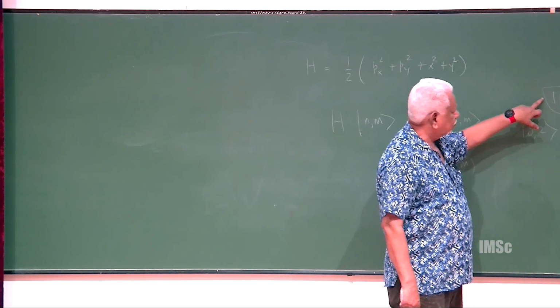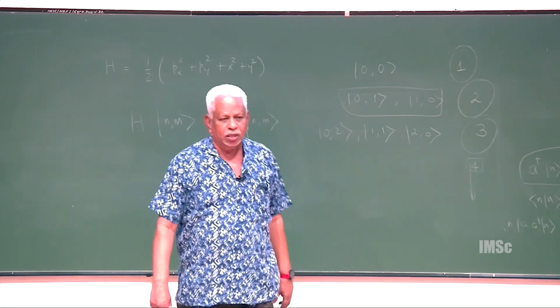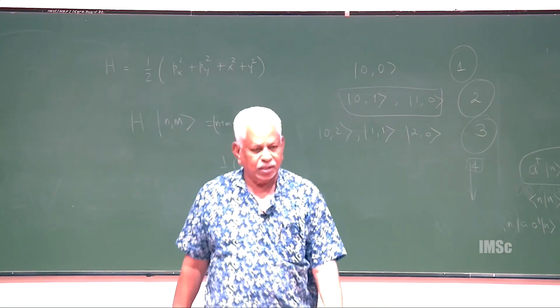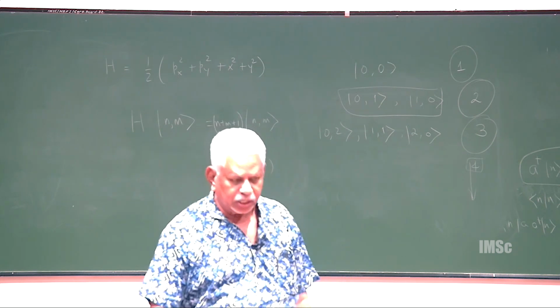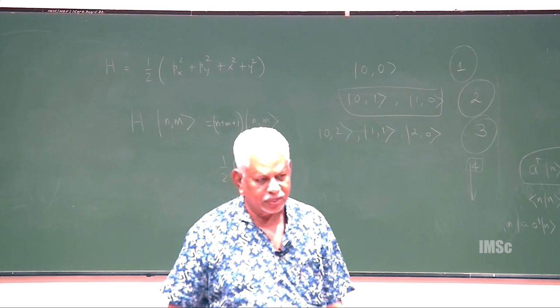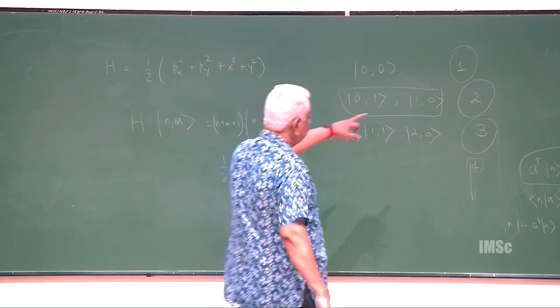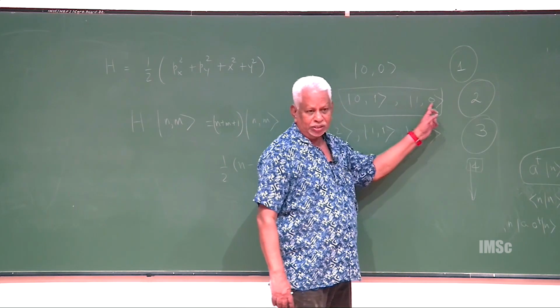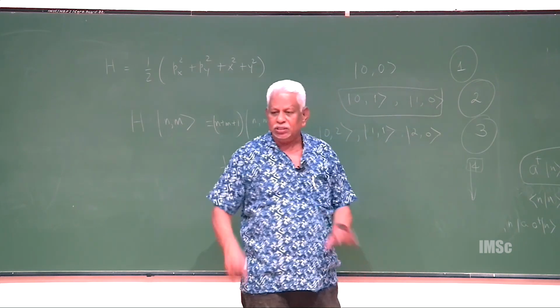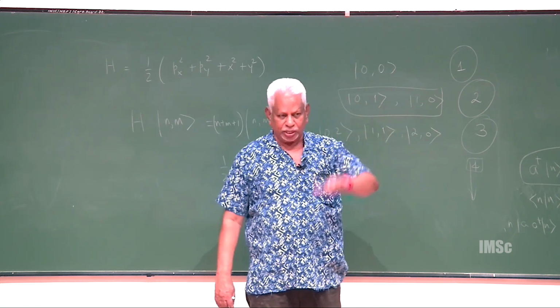For this, there are 2 states here, n minus m is what? n minus m is minus 1, right? Half of that is minus half. And the next one, n minus m is 1, half of that is half. It's like plus half and minus half, spin up and spin down.